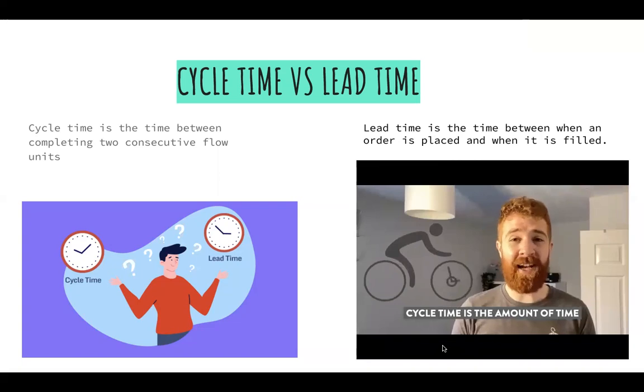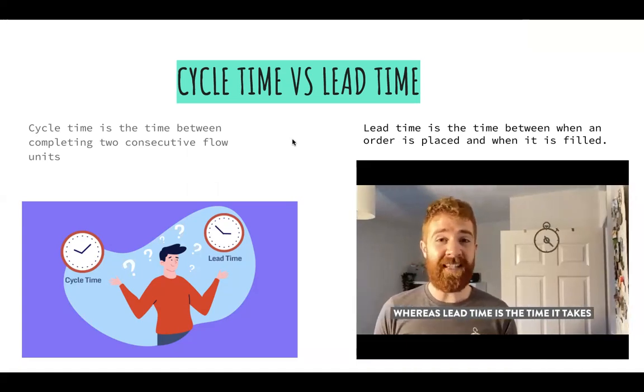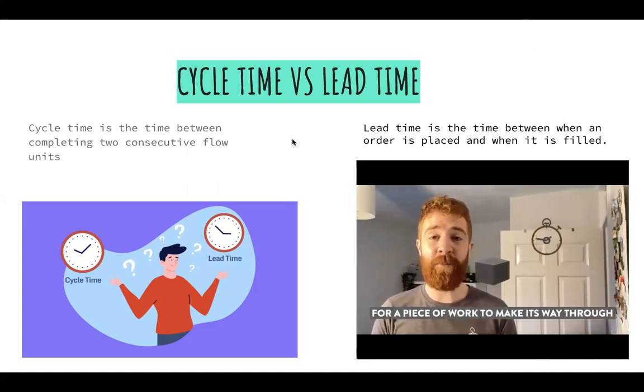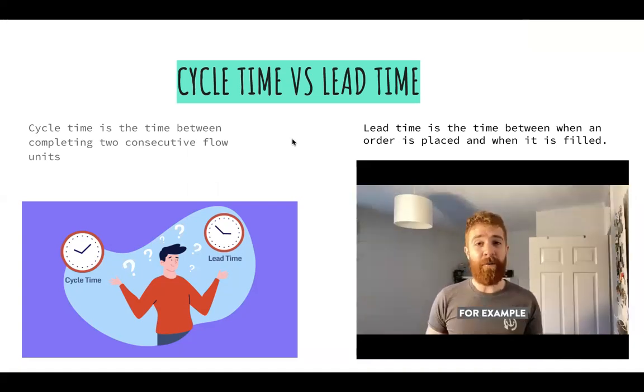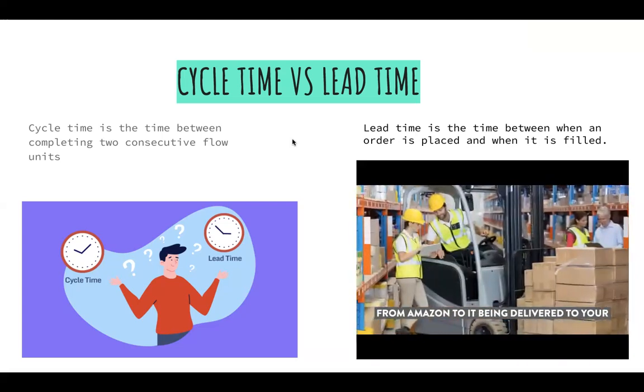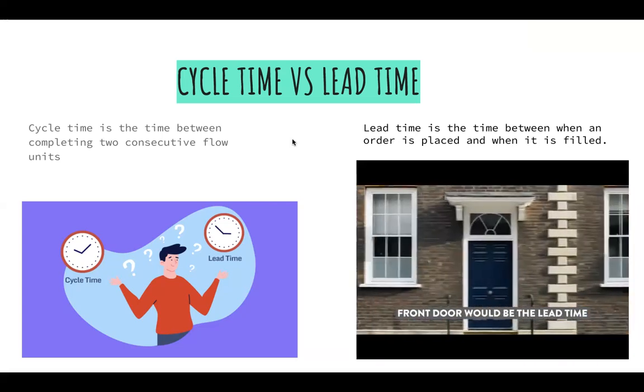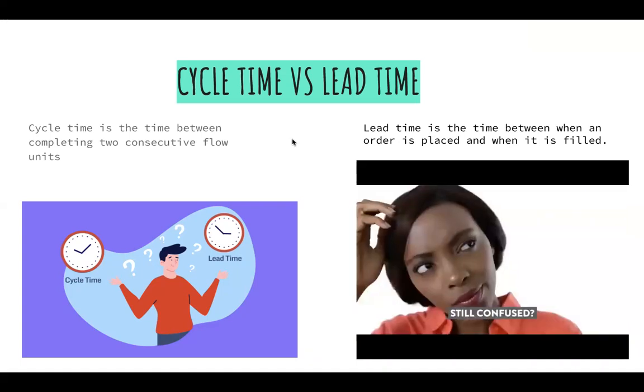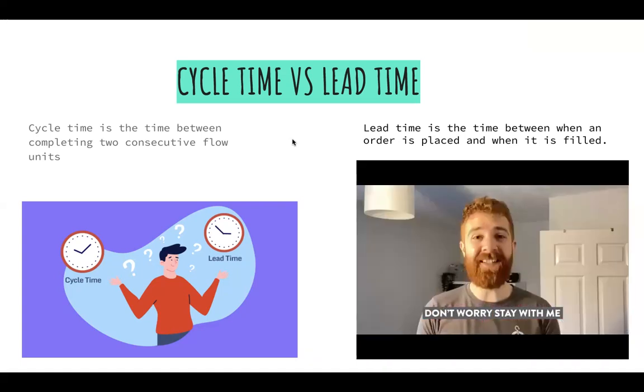The amount of time between when you start a piece of work and when that work has been completed. Whereas lead time is the time it takes for a piece of work to make its way through your entire workflow. For example, the time it takes from ordering something from Amazon to it being delivered to your front door would be the lead time. Still confused? Don't worry, stay with me for a solid understanding.